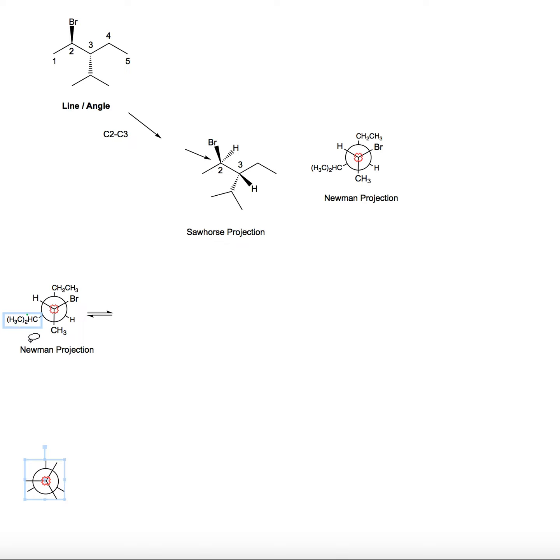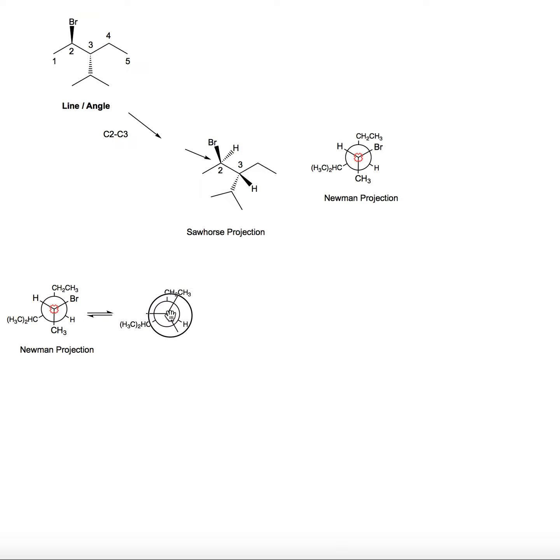Remember, this is a staggered conformation. The bromine will come here and the methyl will come here. So again, I'll draw the eclipsed conformation here. Remember, the back carbon is the same, so this would be CH2, CH3. Here we have hydrogen, and here we have CH, CH3 too, isopropyl.